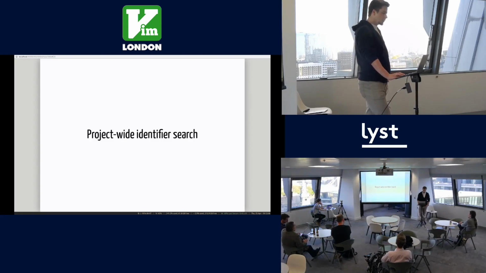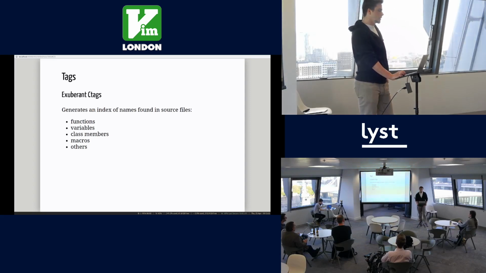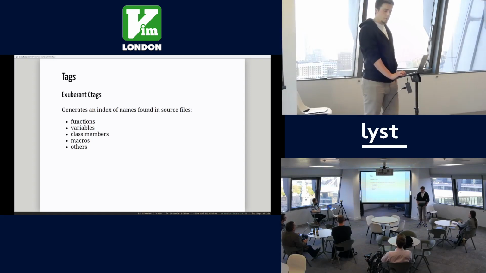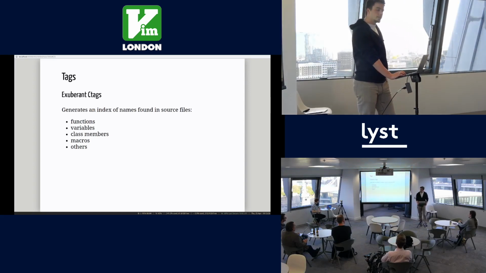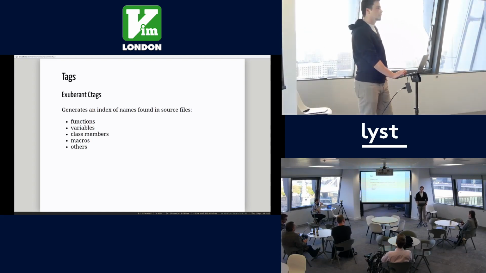Right, so the first feature I want to talk about is the project-wide identifier search. It is possible using tags. Tags are built in. Until Vim 6, they were distributed with Vim. Since then, this is a separate project, and ctags generates an index of names found in source files.